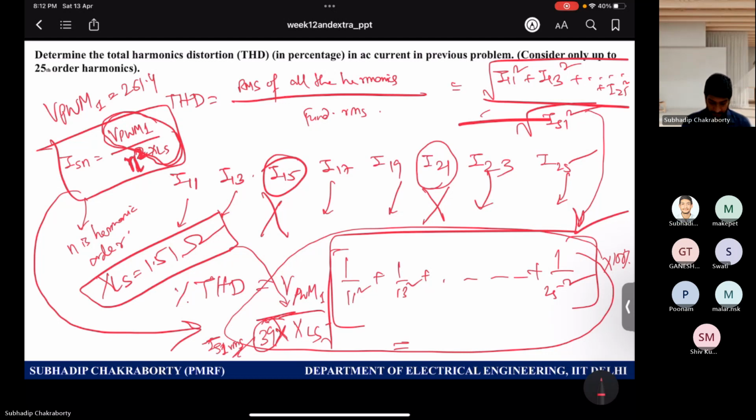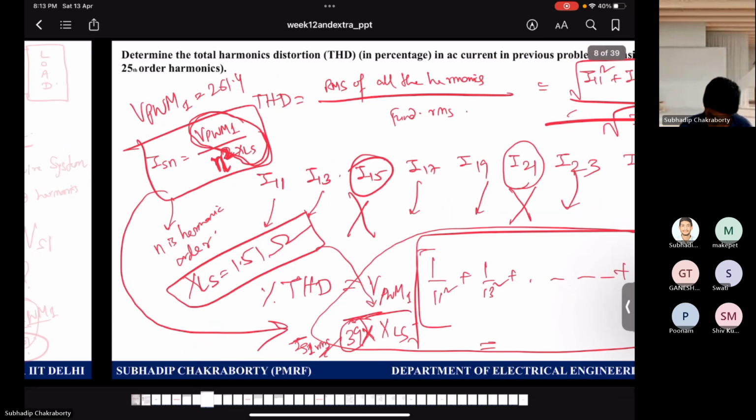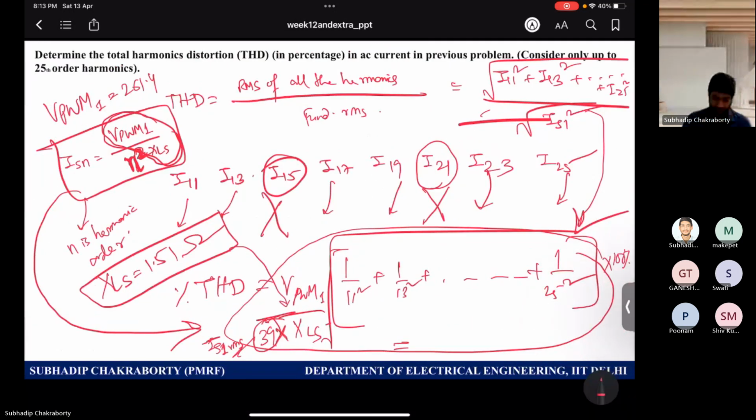Kindly recheck. Note that there is a root over it, right?